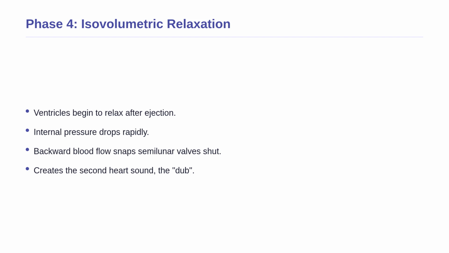This backward flow catches the cup-like semilunar valves and snaps them shut, creating the second heart sound, known as the dub. Once again, all valves are closed, and the ventricles relax without changing their internal volume. This brief moment of total closure is crucial for maintaining the forward momentum of blood throughout your body.